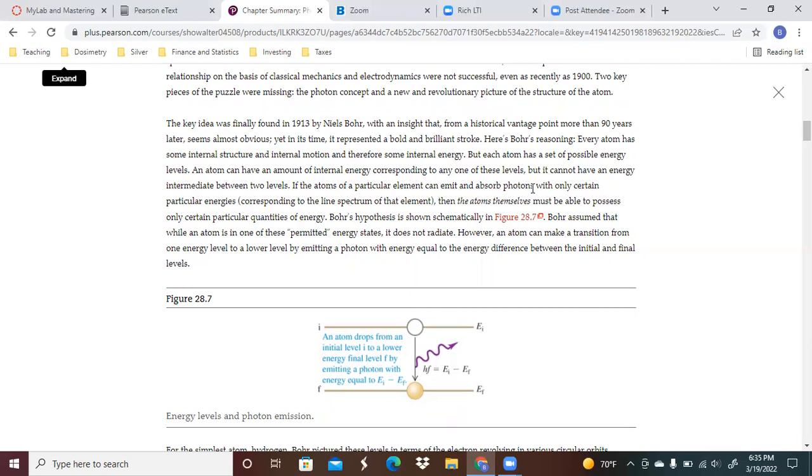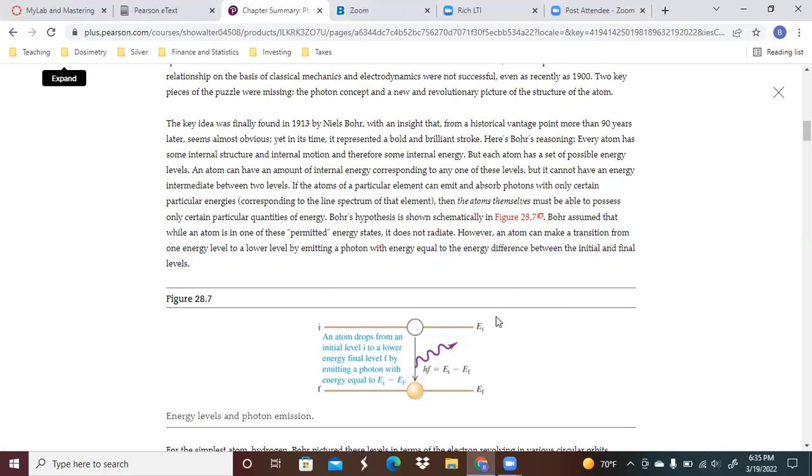If the atoms of a particular element can emit and absorb photons with only certain particular energies, then the atoms themselves must be able to possess only certain particular quantities of energy. Bohr's hypothesis is shown here. Bohr assumed that while an atom is in one of these permitted energy states, it doesn't radiate.